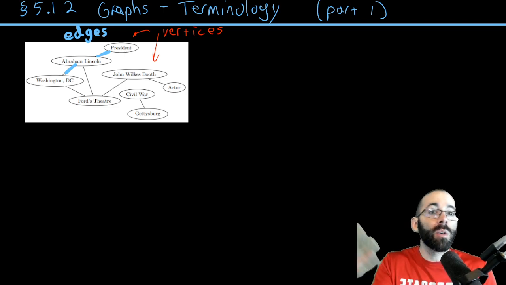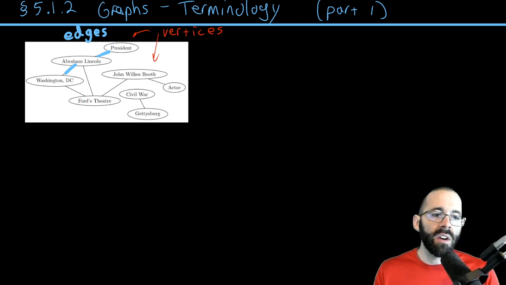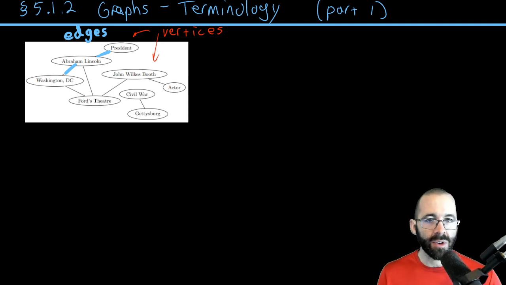So when we talked about relations, the vertices were all the elements in the domain. And the edges, well, we talked about digraphs, but here we have an undirected graph. Undirected, of course, meaning there's no arrows, they're just connected. And the edges are what relate those two things to each other.